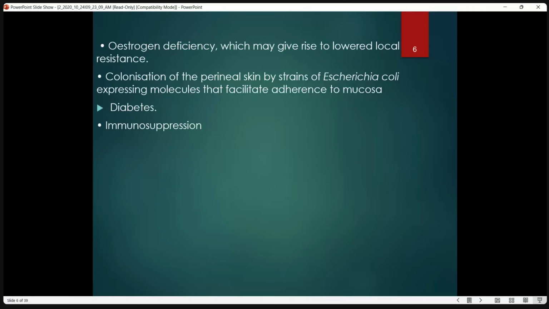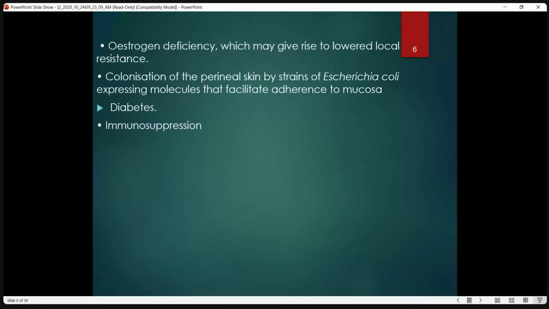Then we have colonization of the perineal skin by strains of E. coli, Escherichia coli. This is a bacteria that is a normal flora. When I say normal flora, it means it can just stay there and not cause disease. So E. coli is a normal flora of the gut.